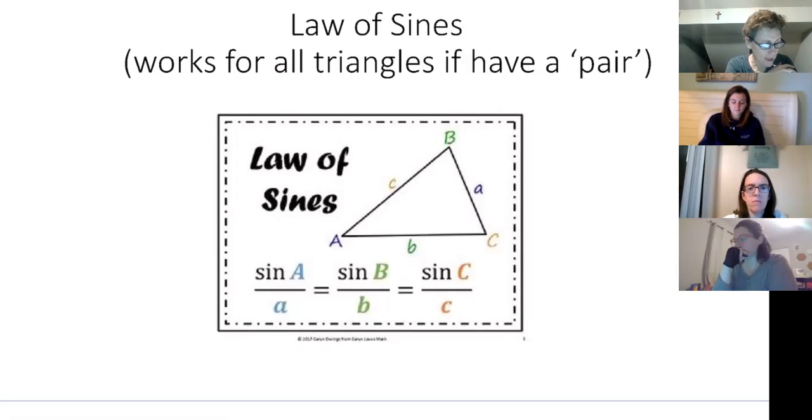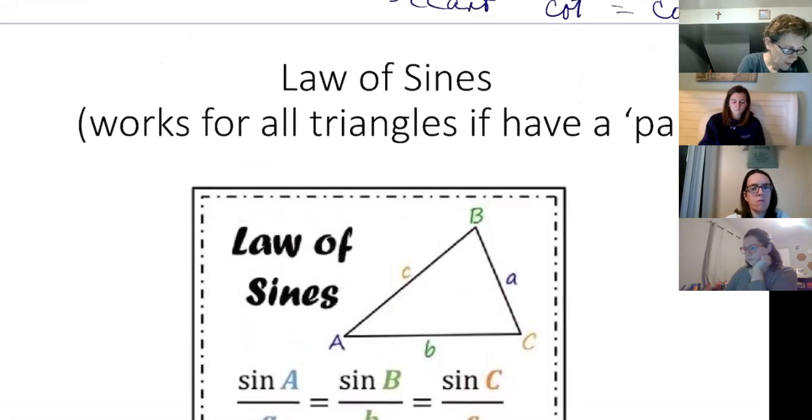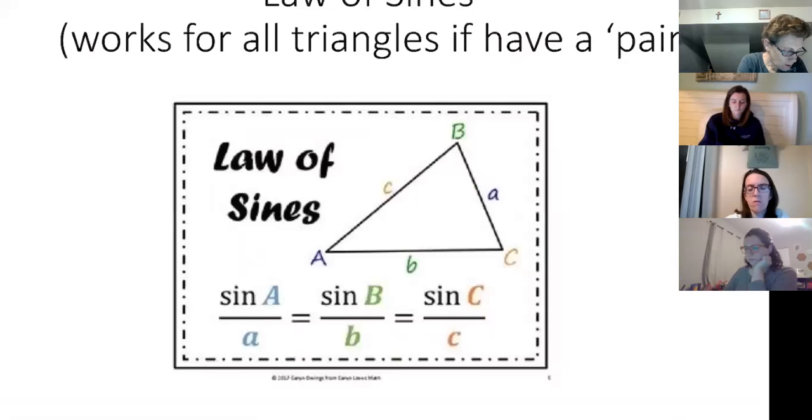Okay, so the whole idea about law of sines, this works for all triangles if you have a pair. By a pair, I mean you have to have an angle and a side that are paired in order to use it. So an example of when you can use it: what if I told you that this angle was 20, this angle was 50, and this side was 10.